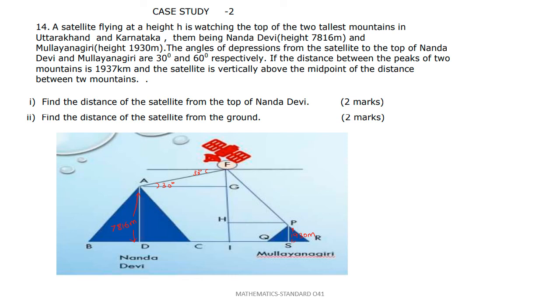So this angle is 60 degree. If the distance between the peaks of two mountains is 1937 kilometer. See children, very carefully you have to take care of units also. This is meter and this one is in kilometer. So somewhere when we are doing the problem, we have to do the conversion also. So whenever you are reading the problem, be very careful.